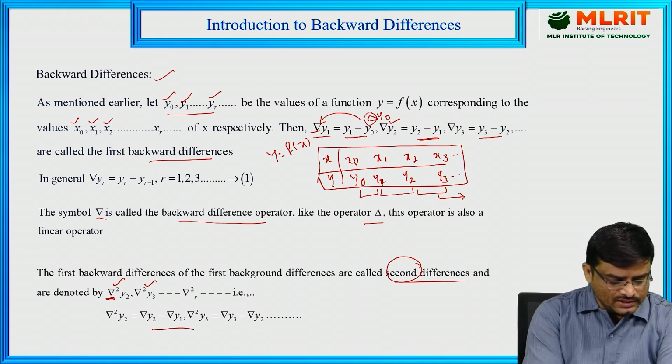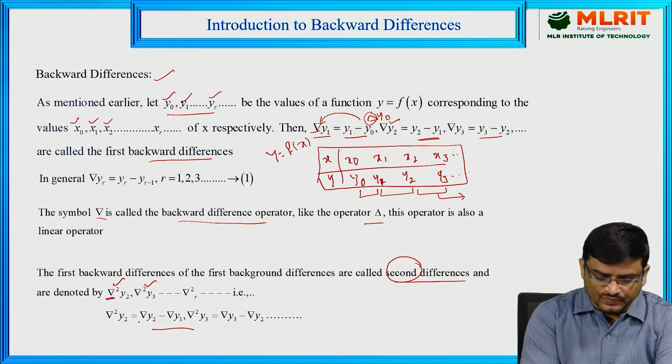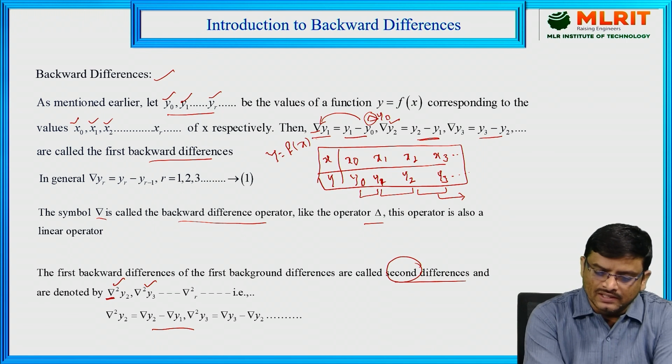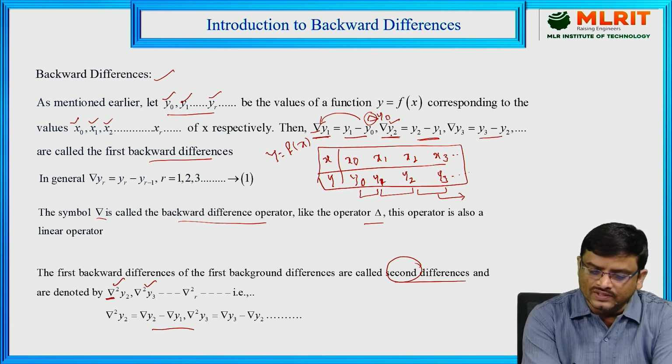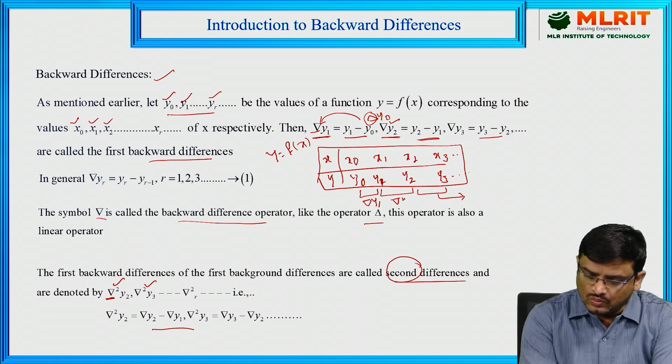Okay, so this is del square y2. We have taken this del y1 and del y2, these are the differences we got. The difference of this one is represented with del y1 and this is del y2.